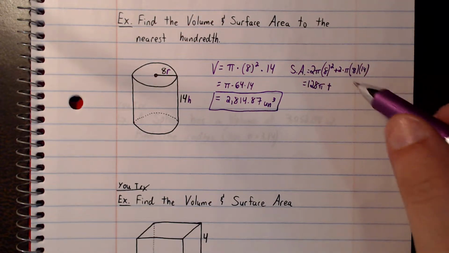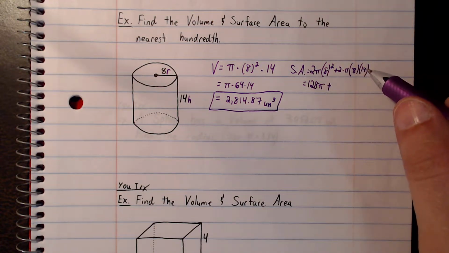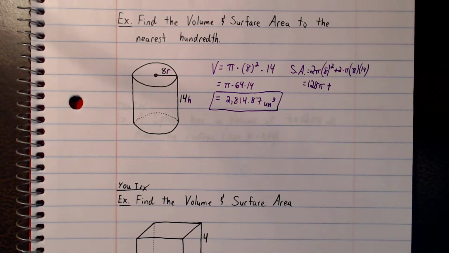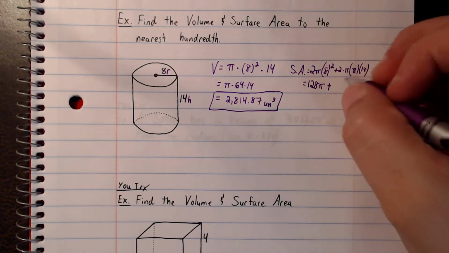Here, 2 times 14 is 28. 28 times 2 is 56.